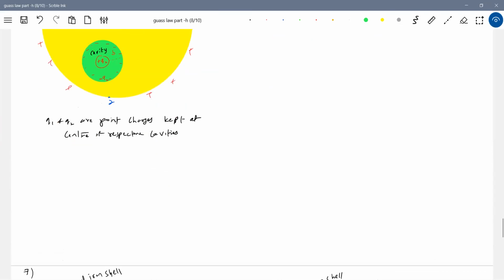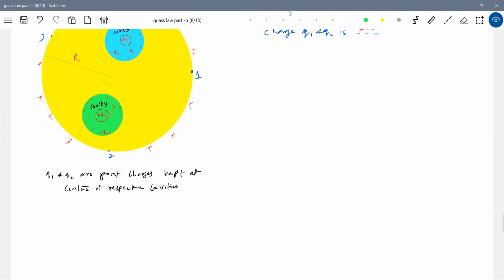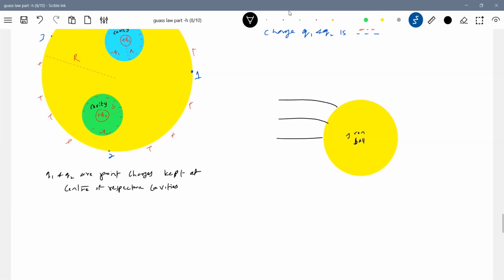Okay, let me introduce one more. Suppose there is a sphere, I'll immerse it in a uniform electric field. There's an iron ball. There's a uniform electric field there. How will the lines of force be? Here the lines of force have to terminate like this.